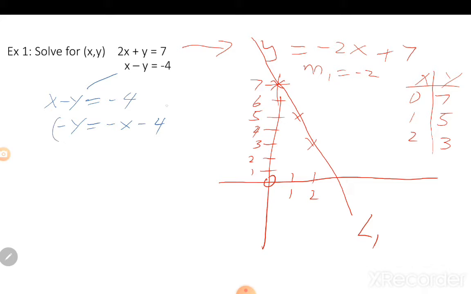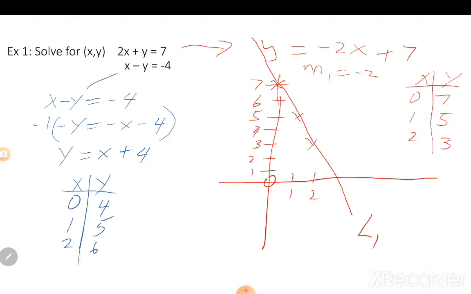And so multiply the whole thing by -1. So we get y equal to x plus 4. So let's get some x values. When x is 0, y would be 4. When x is 1, y would be 5. And when x is 2, y would be 6.